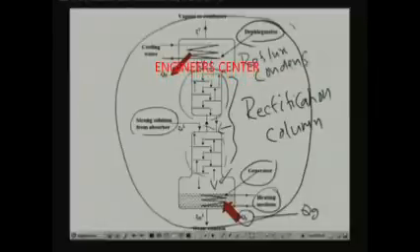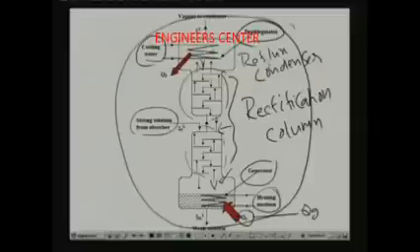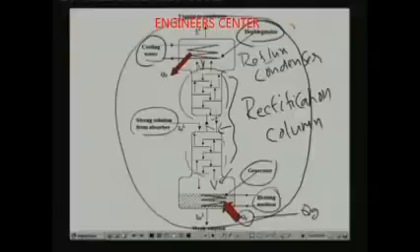In the reflux condenser, some heat is taken out of the hot vapor by using cooling water, and during this process some of the vapor condenses. That condensed vapor is called reflux, and due to gravity it falls down, and as it falls down it comes in contact with the vapor that is moving up.